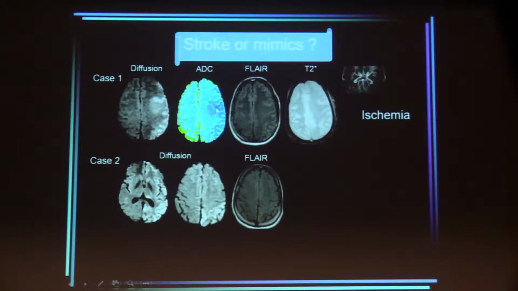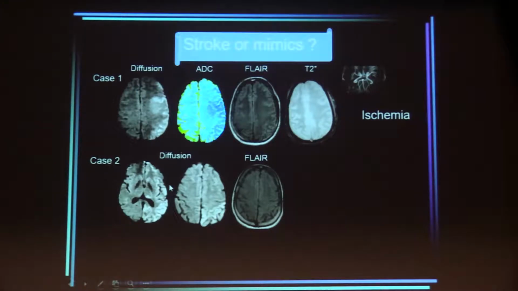Bright on diffusion, low ADC value, nothing visible on FLAIR sequence, no blood on T2 star weighted, and not much information on the MR angiography. On the second line, you have a case that is slightly different. Here you can see that the bright signal looks cortical, is distributed in two different arterial territories.